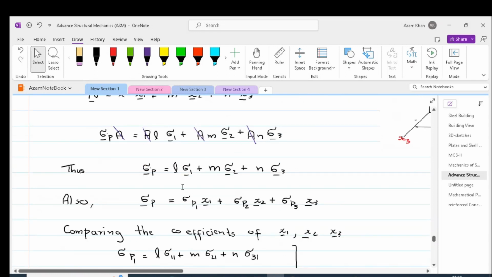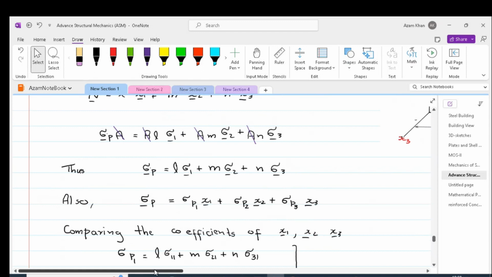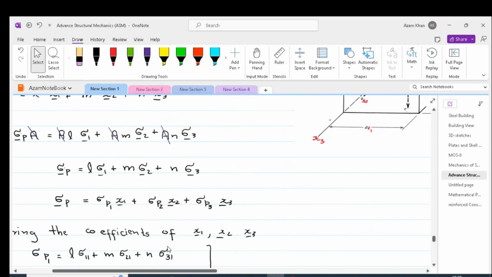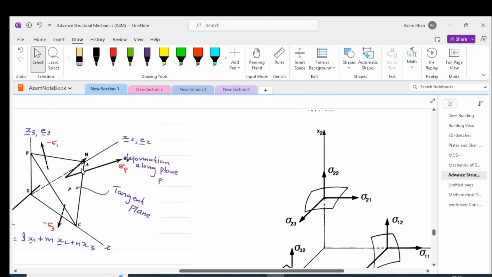From this, we can write that sigma P is equal to L times sigma 1 plus M times sigma 2 plus N times sigma 3, because A gets cancelled on both sides. We can also write sigma P as sigma P1 x1 plus sigma P2 x2 plus sigma P3 x3, i.e. sigma P can be decomposed into three components along x1, x2 and x3 directions.